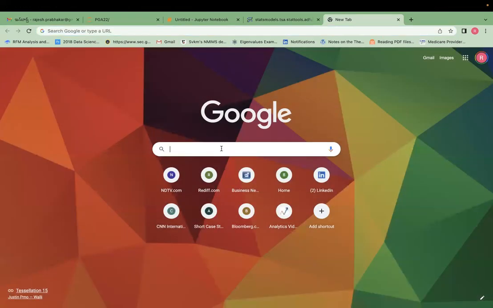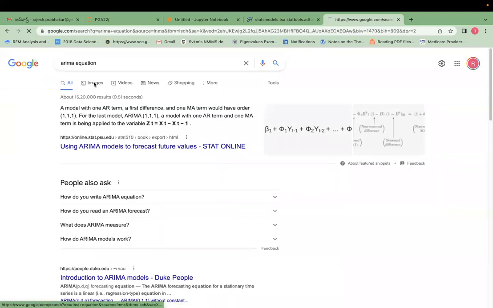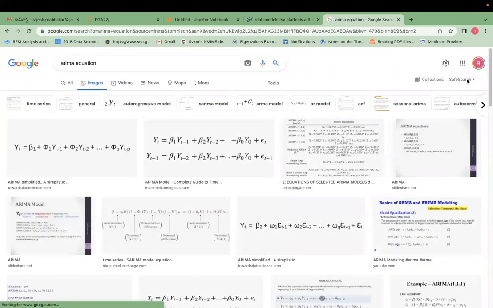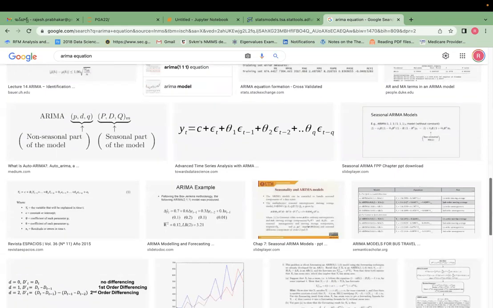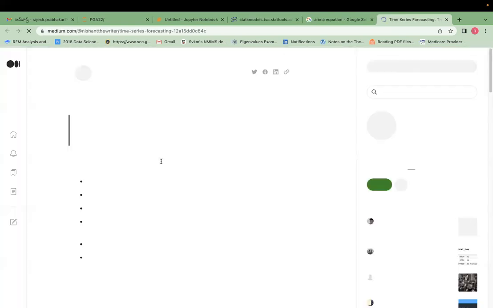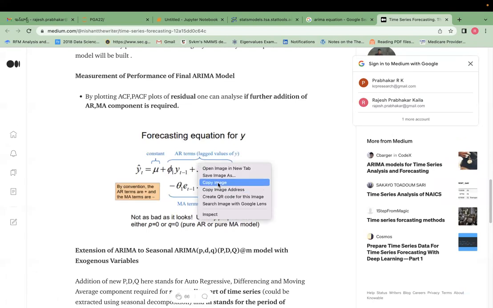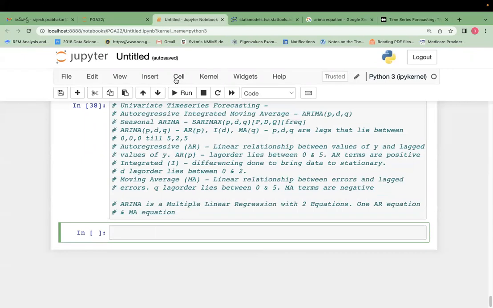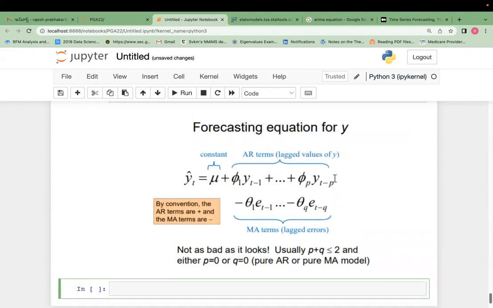So if you are looking at the ARIMA equation, this is the equation.